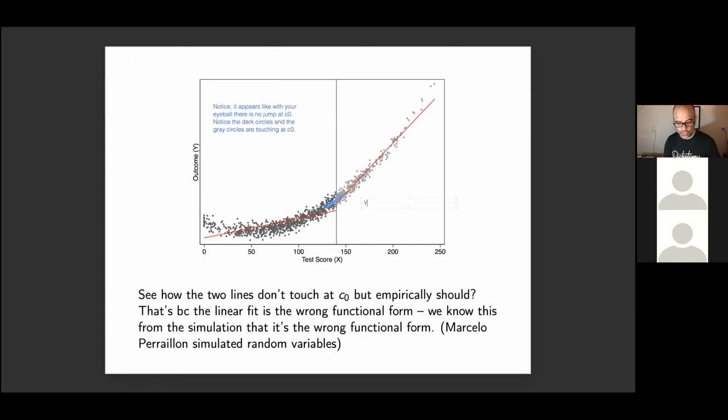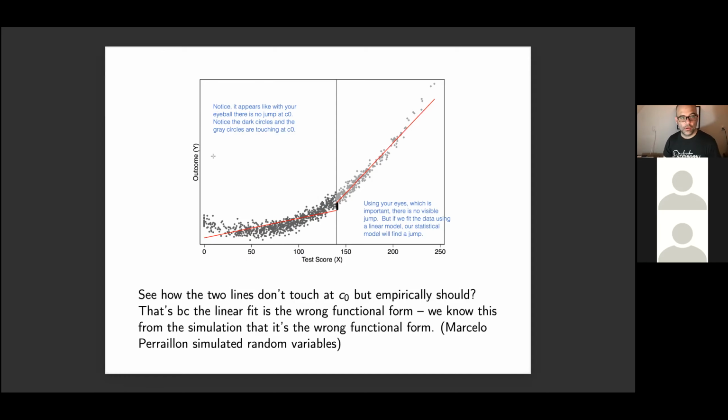So, using your eyes, which is important, there is no visible jump. But if we fit the data using a linear model, our statistical model will find a jump. Because look, right here, right there.